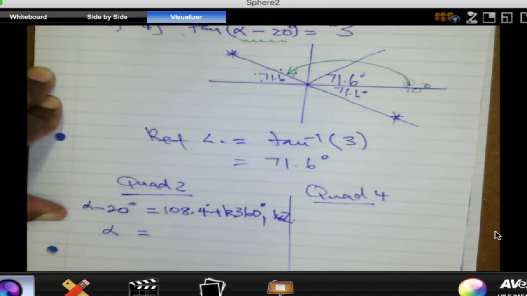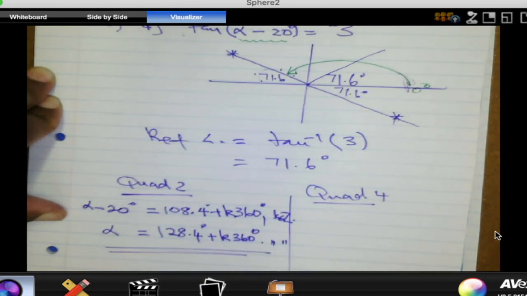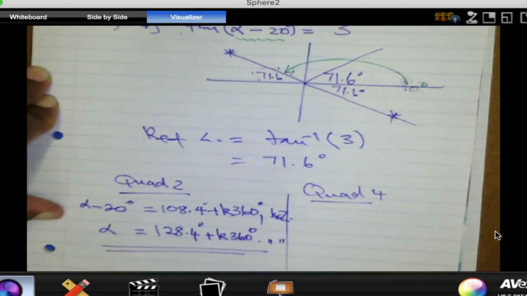So we need to add a 20 to the 108,4 that is there, and that should give us 128,4 degrees, plus k 360, where k is an integer. That is the general solution for alpha.